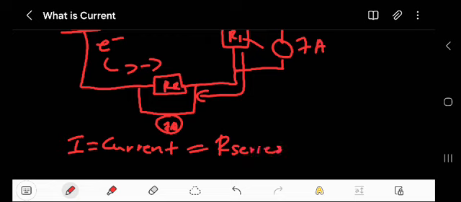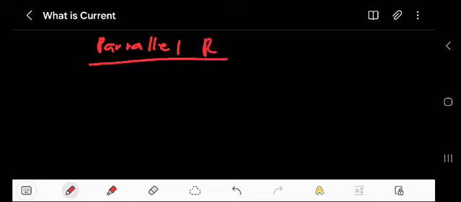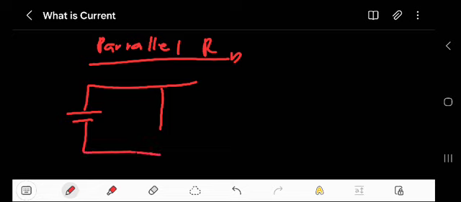As long as the resistors are placed in series, they will have equal current. However, if I have parallel resistors, let's say I decide to place the resistors in parallel, like this.